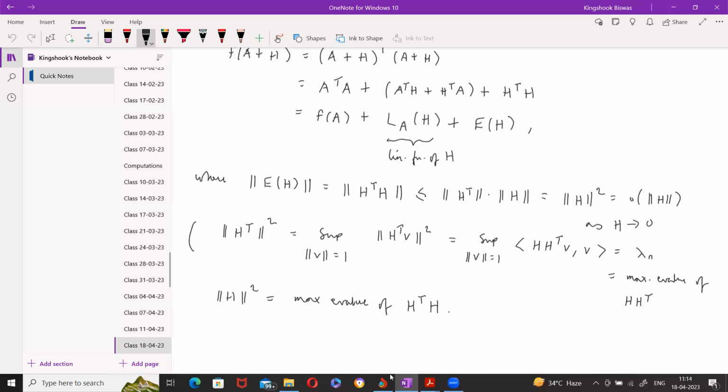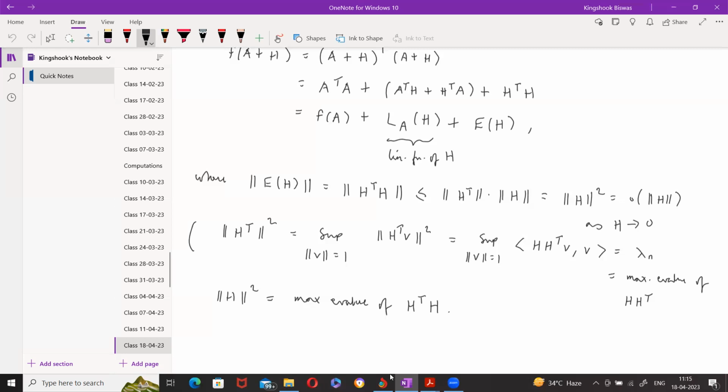Why are these two the same? Oh, sir, in the first line where you have computed the norm of H transpose squared, lambda n is the supremum over norm v equals 1 of the inner product of v with H transpose H v.